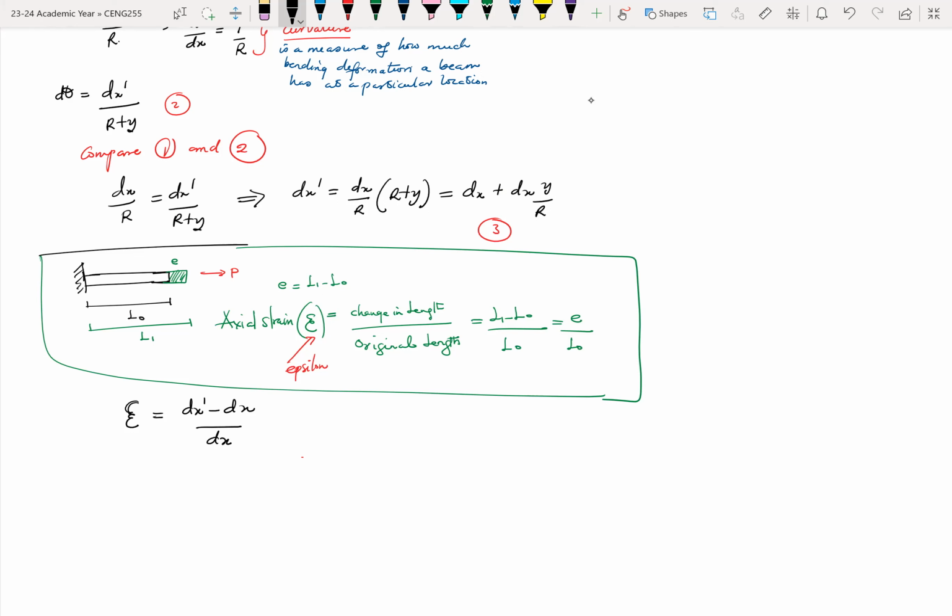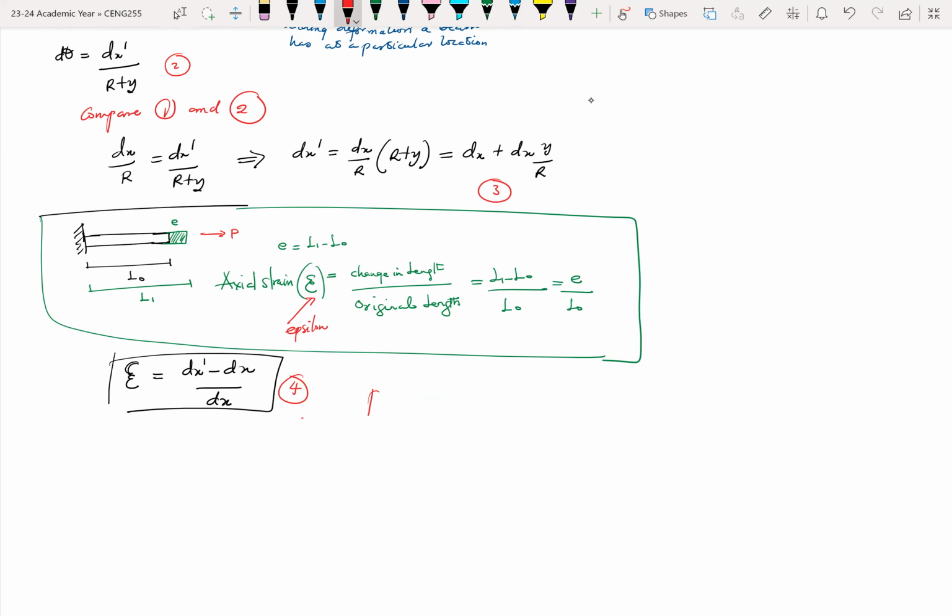Pretty much that's what it means. I can call this equation 4, even though I don't need that, and I'll put equation 3 into 4.